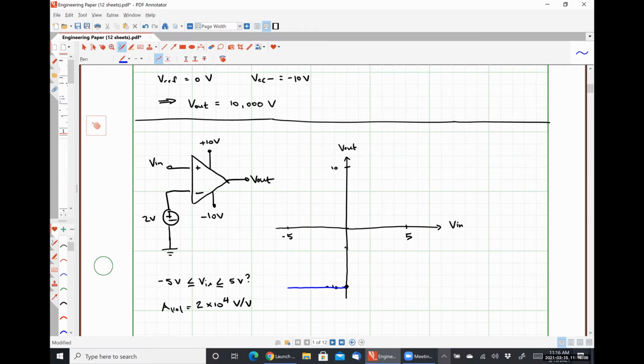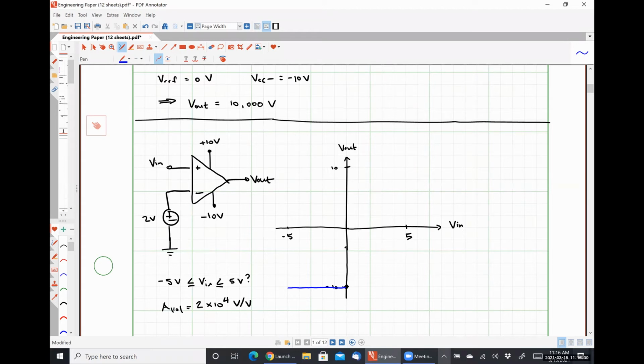Now, what happens when Vn is equal to 1 volt? Still saturated. If Vn is 1 volt, then we have 20,000 times 1 minus 2, so that's negative 20,000.